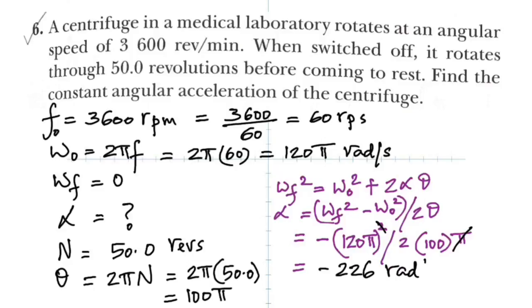Well, when I cancel that, I mean to say I'm canceling one of the pi's. Okay, so it's 120 squared, so don't miss that. There is 120 squared there. So that gives negative 226 radians per second squared.